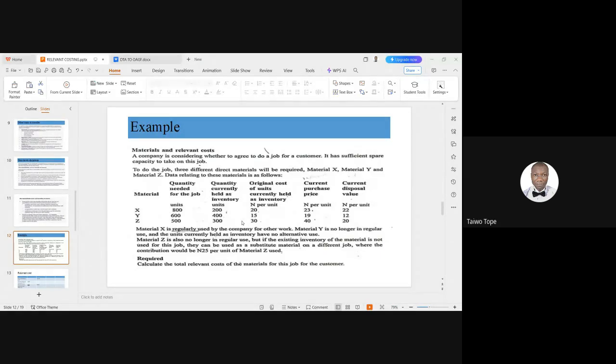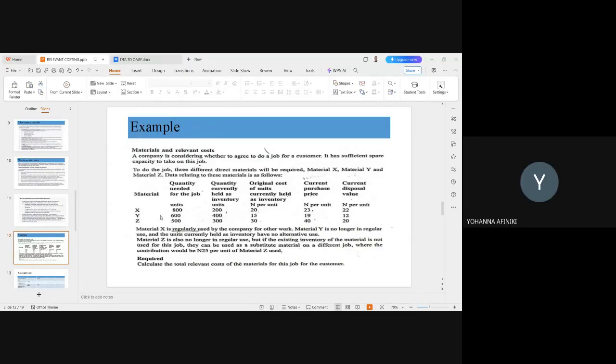Now, the point is this. If you are not using 400 for this production, what is the opportunity cost? What is the sacrifice you are making? It's 12 naira, not the original cost of 15 naira.